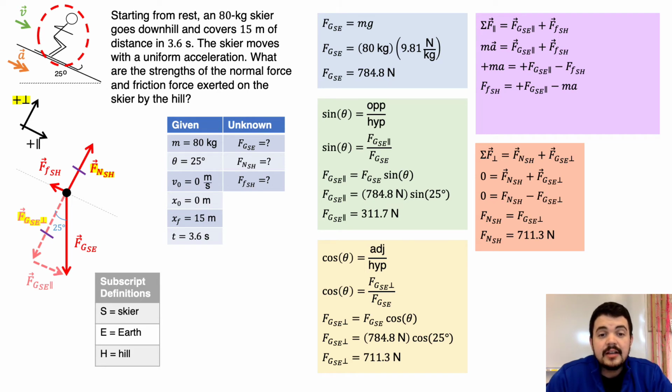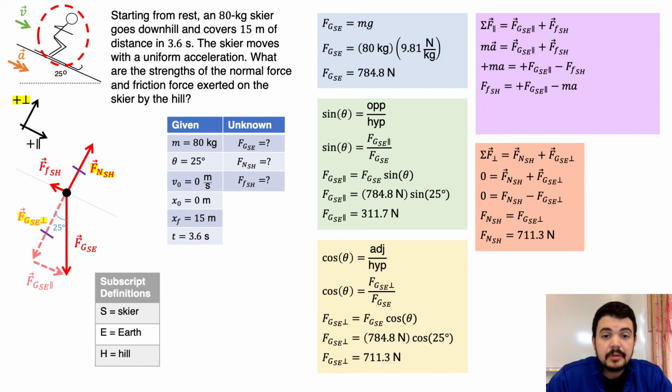Our third line is to go from a vector equation to a scalar equation by removing the vector arrows above the F, but putting a plus in front of the positive scalars, which in this case is the normal force, and putting a minus in front of the negative scalars, which in this case is the perpendicular component of the gravitational force.